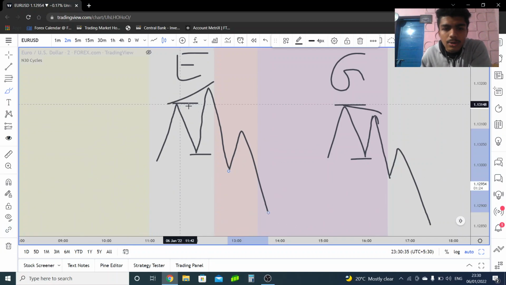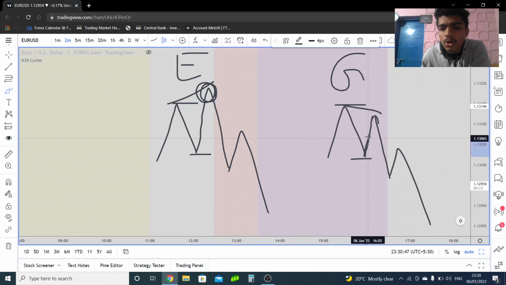When Euro is breaking the old high, it is taking external range liquidity. When GBP is not breaking the old high, it is taking internal range liquidity. Euro is taking external range liquidity, GBP is taking internal range liquidity.